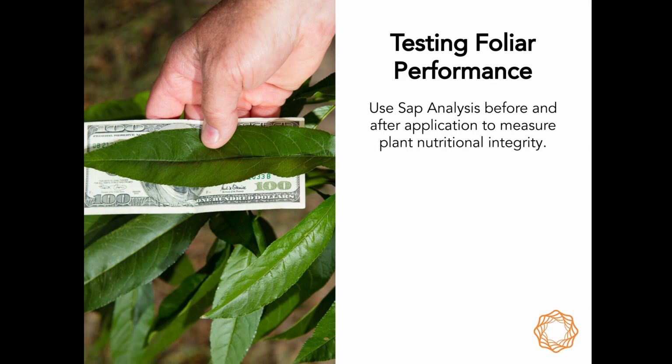You use a SAP analysis before an application, and then again a few days or a few weeks after application, it can be as little as 48 to 72 hours. And you'll be able to observe how the plant's nutritional profile changed in response to the product application that you put on. That can tell you very quickly whether a product is actually performing or not, whether you're getting a strong plant performance response.